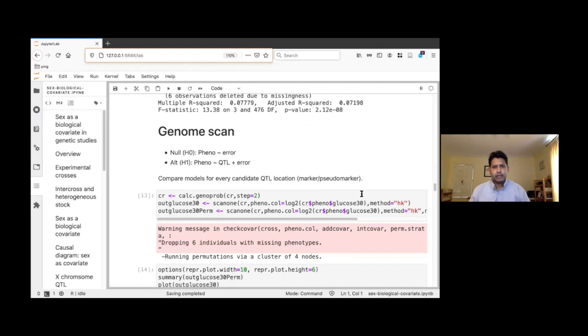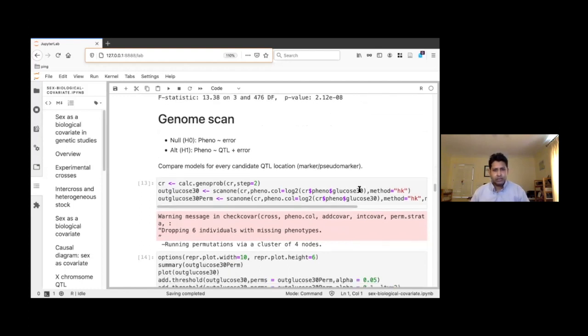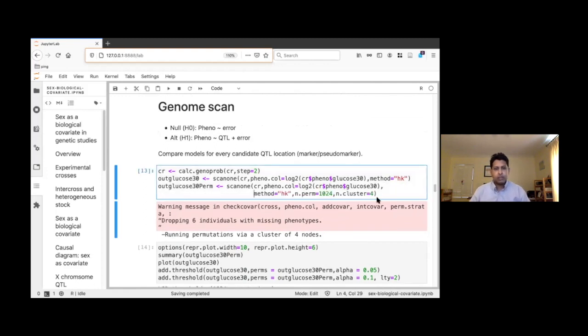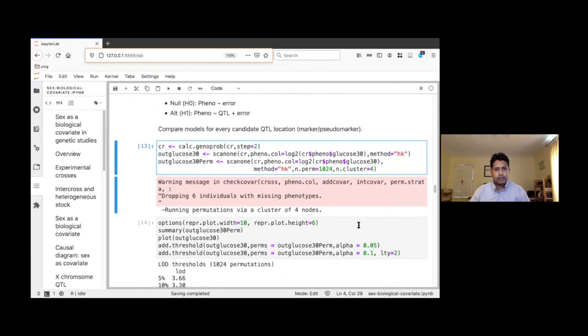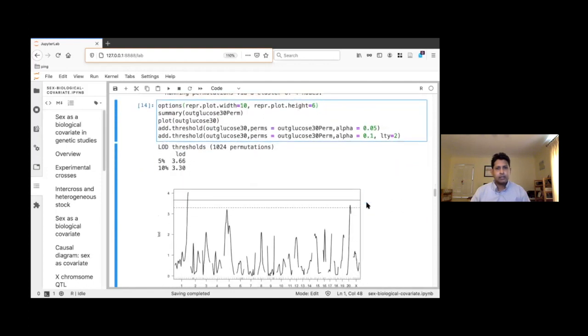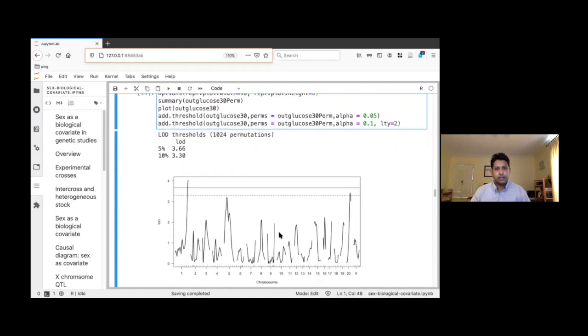Okay, next I run this genome scan and I run the permutations to get the statistical significance. And if I do that, here's the genome scan that I get in the end.